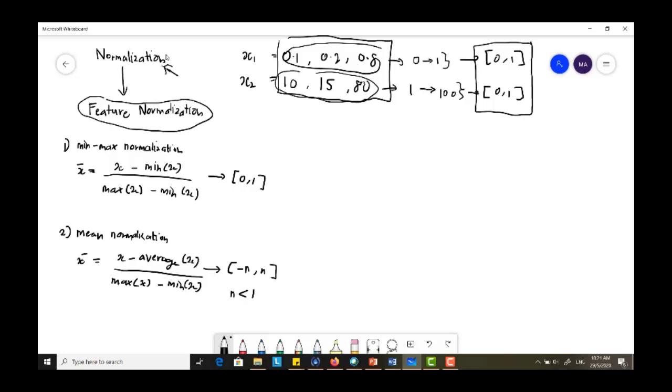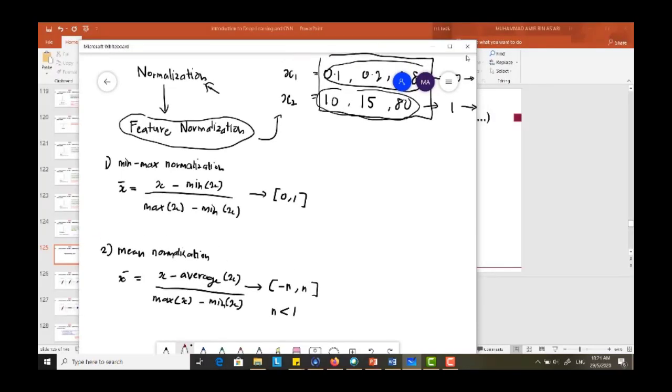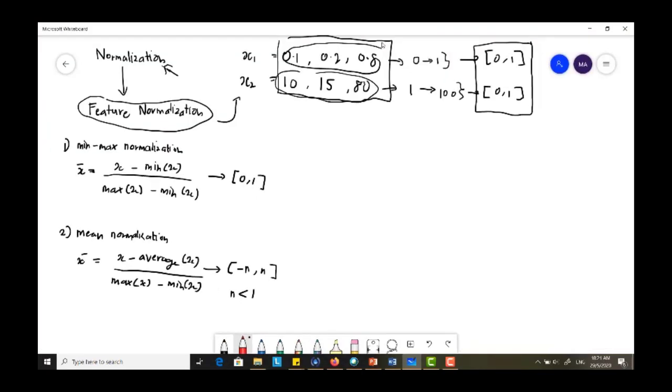If you relate it to this example, just assume x1 is your feature number 1, this one is your feature number 2, and this is your first sample, this is your second sample of your training data, and this is your third sample of your training data.